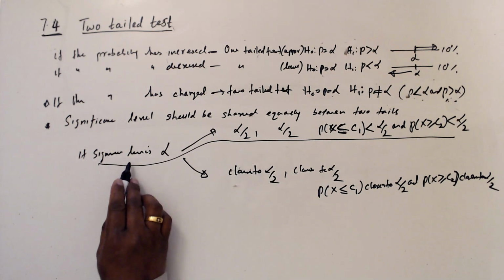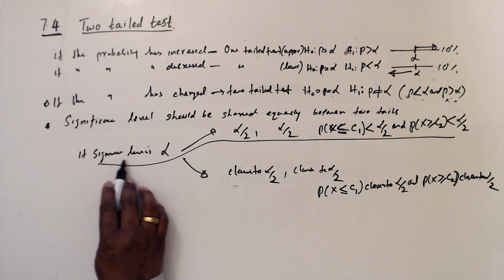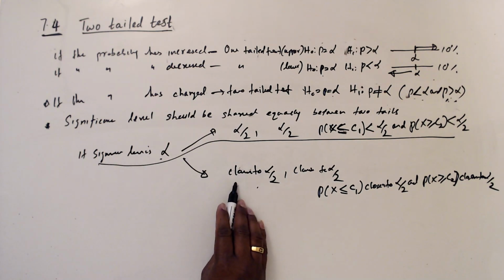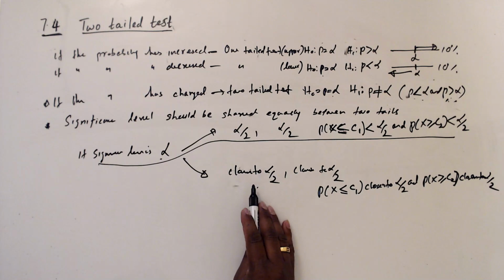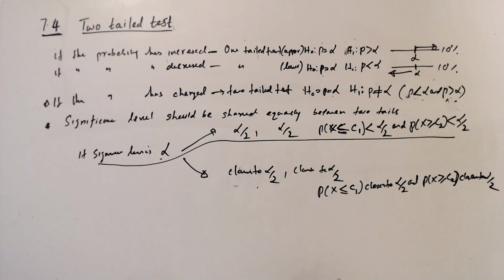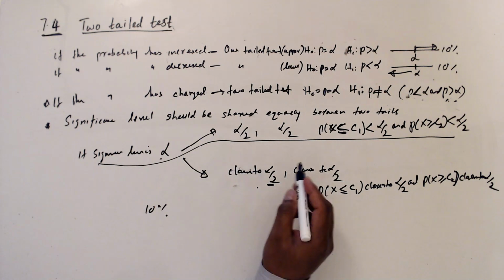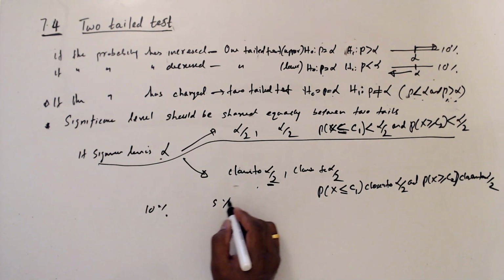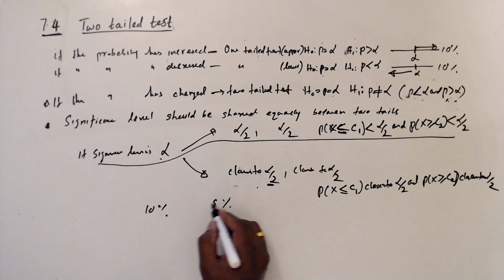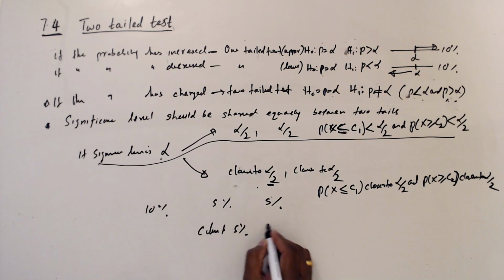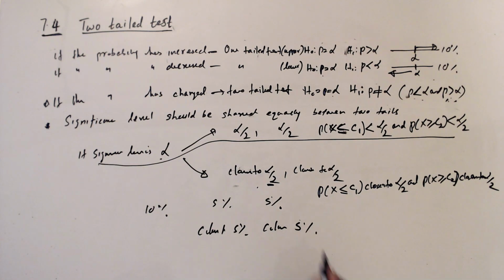Otherwise, they will especially mention that if the significance is alpha, the tail values are closer to alpha divided by 2. For example, with 10% alpha, these are 5% and 5%, less than 5 and less than 5, but this is closer to 5 and closer to 5.